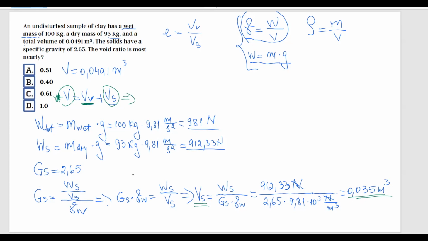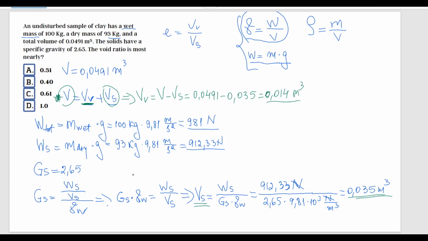Volume of voids equals total volume minus volume of solids: 0.0491 minus 0.035, and this is 0.014 meters cubed.